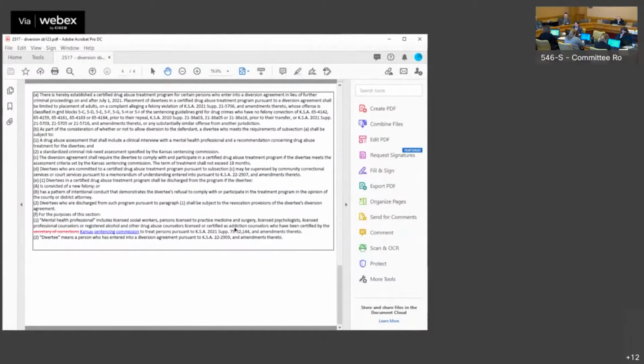So you'll see here on the attachment down in subsection F, there's just a reference to that Certified Drug Abuse Treatment Program and saying that they've been certified by the Secretary of Corrections to treat those persons pursuant to KSA 75-52,144. This bill changes 75-52,144 to change that reference from the Secretary to the Sentencing Commission. So this is just a technical fix to clean up that reference. Thank you. Thank you for that.